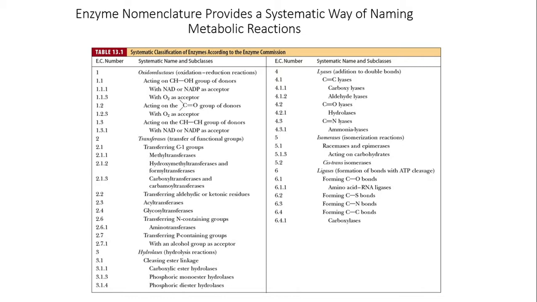So this actually probably should have been moved before that last slide. Sorry about that. Should have followed the classes of enzymes, again, of which there are 6. There's an enzyme commission, believe it or not, and this is the systematic way in which they have come up with naming these enzymes or classifying them.